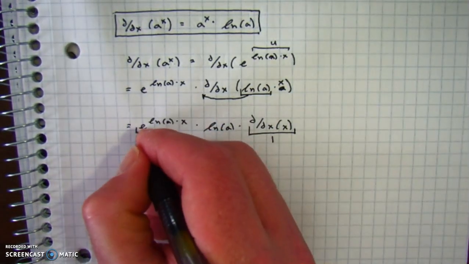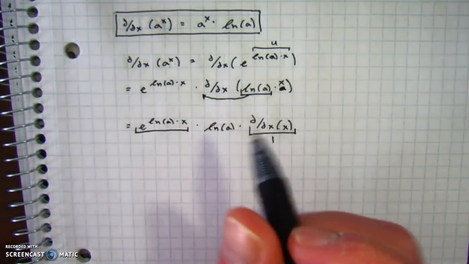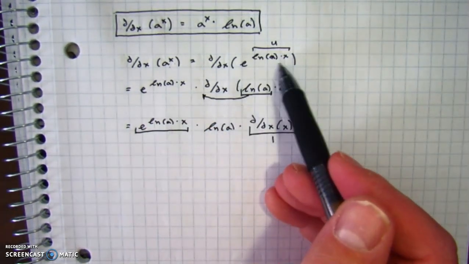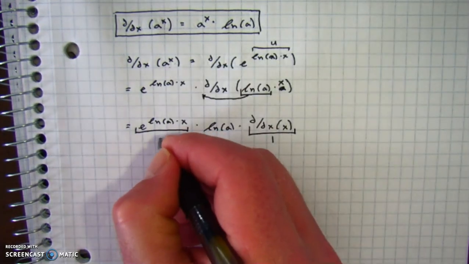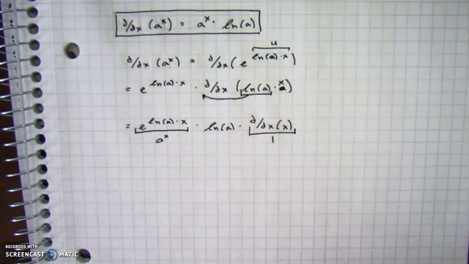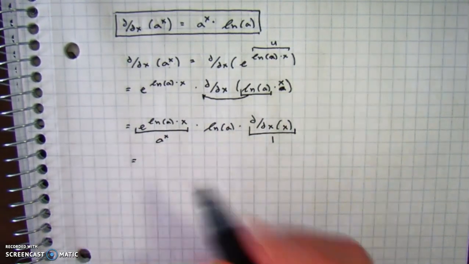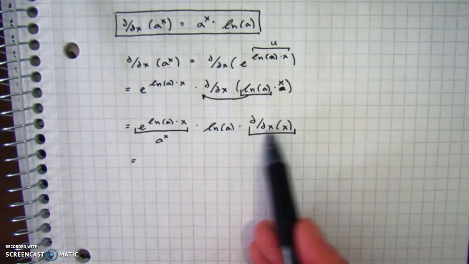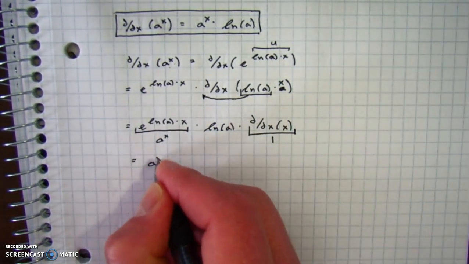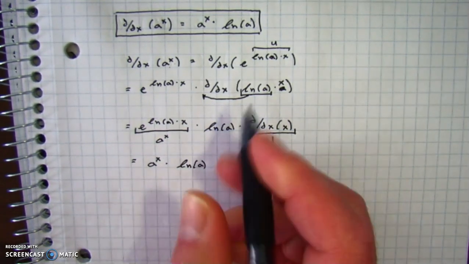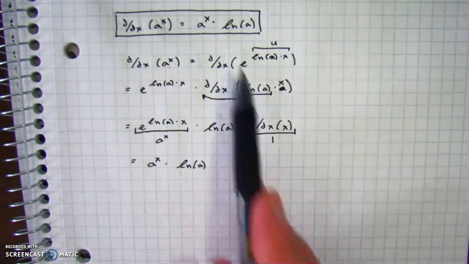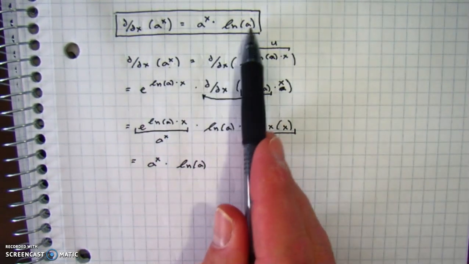Another thing to simplify: I know that e to the natural log of a times x is just the same as a to the x. So one last step, because that's 1, that goes away. I'm just left with a to the x times the natural log of a, which finishes the proof, because that's ultimately where we were headed.